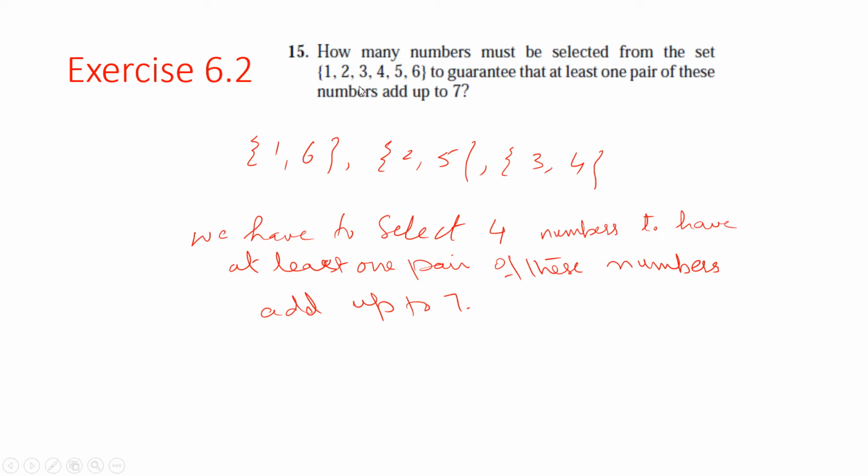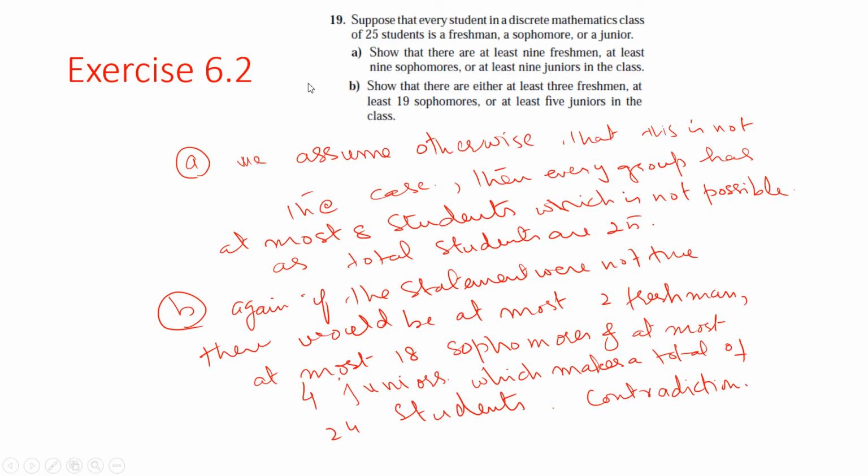So let's choose four numbers from this set: 1, 2, 3, 4. Now we have a pair 3, 4 which adds up to 7. So we have to select at least four numbers to have at least one pair of these numbers which add up to 7.